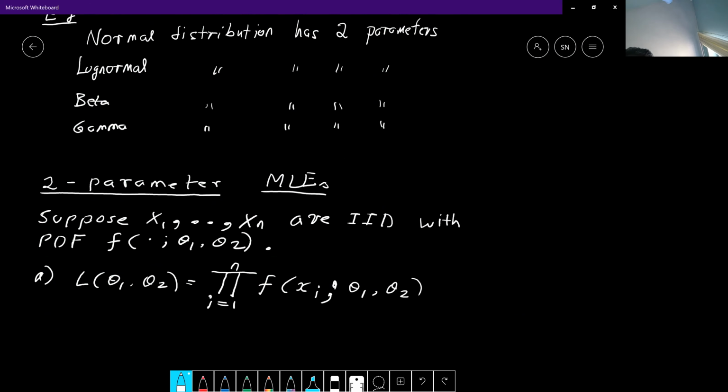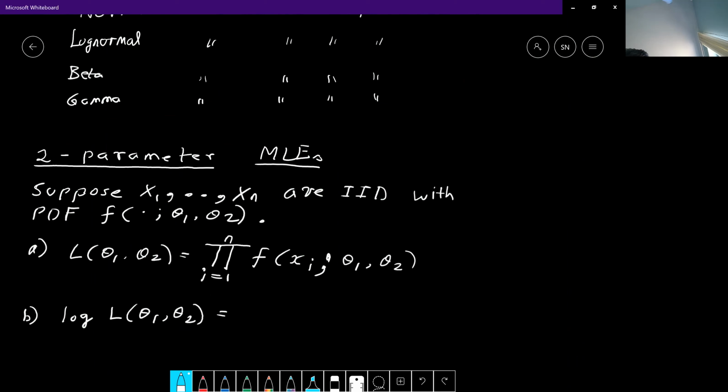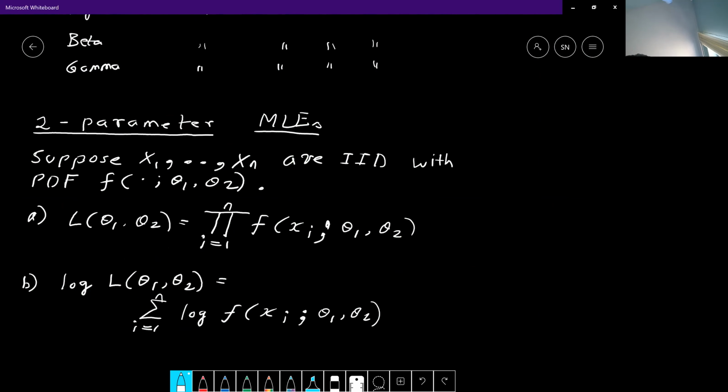Part B of the procedure is to take the log of the likelihood function, which will be the sum of the logs.